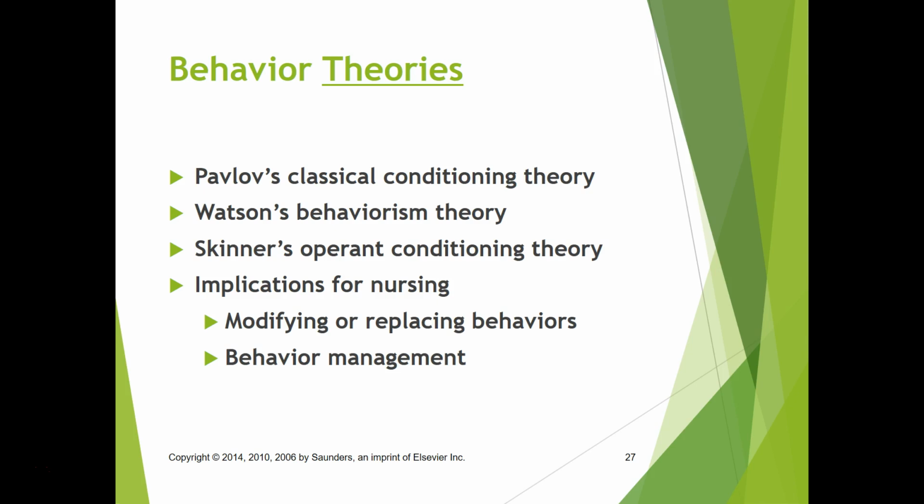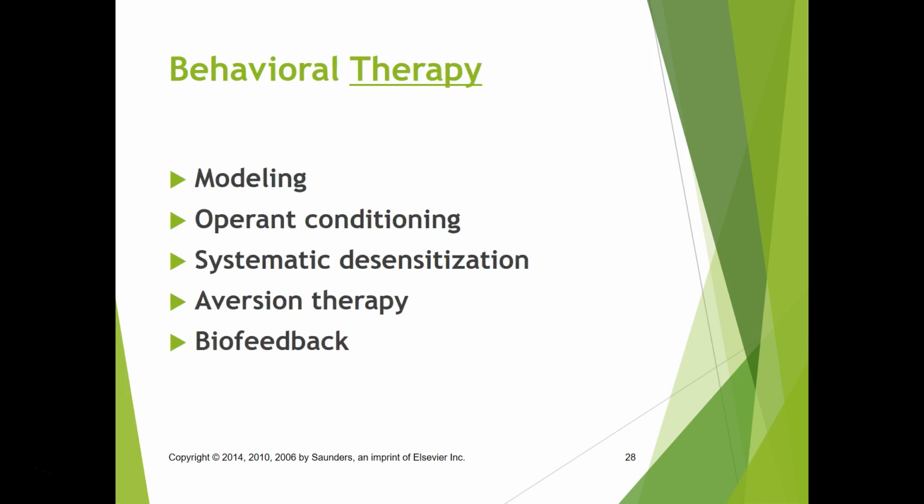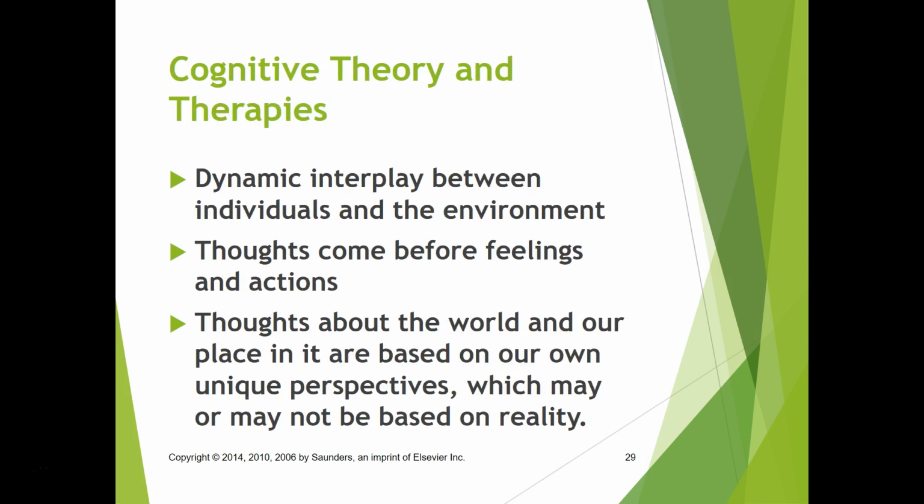We can't ever take away somebody's coping mechanism without giving them something to replace it. And also just the way that we manage behavior overall comes from some of these theorists. So behavior therapy, modeling, operant conditioning, systematic desensitization, aversion therapy, biofeedback, all have roots in those theories.